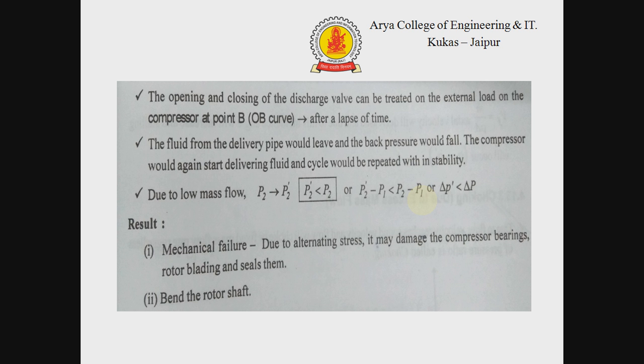The compressor would again start delivering fluid and the cycle would repeat with instability. Due to low mass flow, P2 dash is in place of P2, and P2 is greater than P2 dash, or P2 dash minus P1 is less than P2 minus P1. So delta P dash is less than delta P.